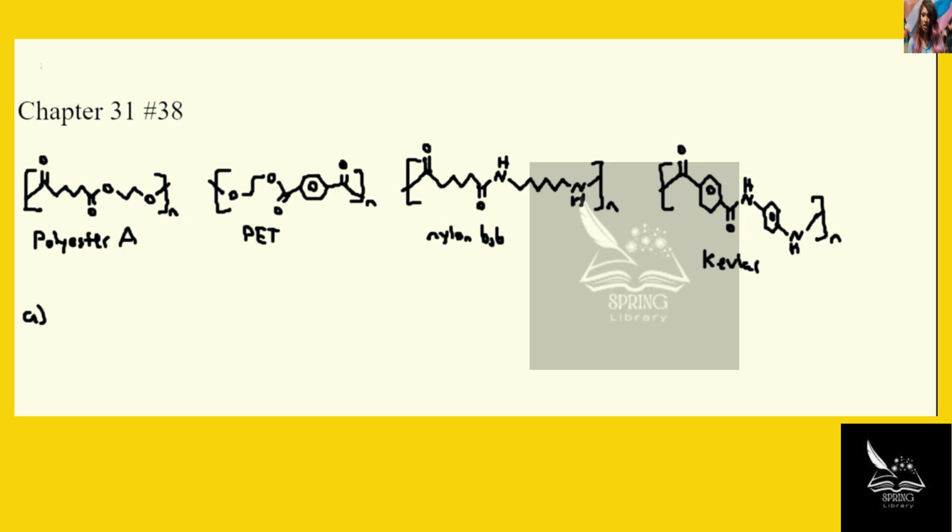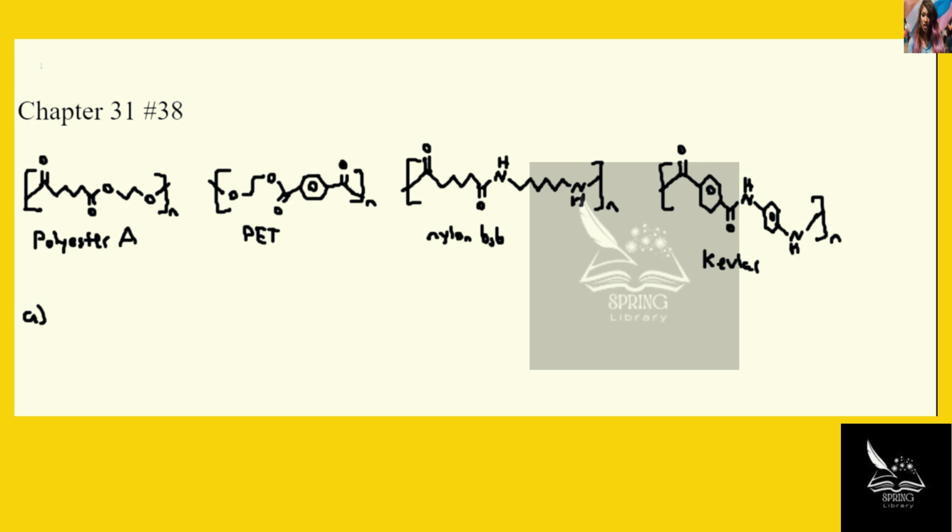So for A, we're asked to explain the differences in the observed glass transition temperature and melt temperature between polyester A and PET. When we look at polyester A and PET, we see that there are some differences in the polymer chains.